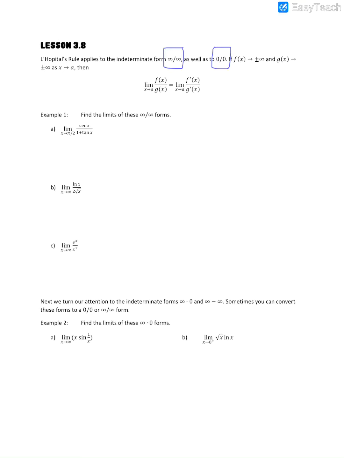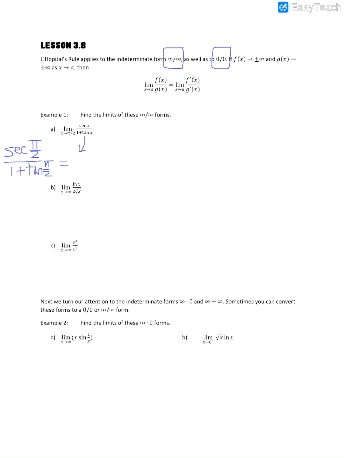All right, so let's look at some examples. Number 1a. So the first thing we want to do is just plug in the pi over 2 and see what we got. So we have secant of pi over 2, and then we have 1 plus tangent of pi over 2.